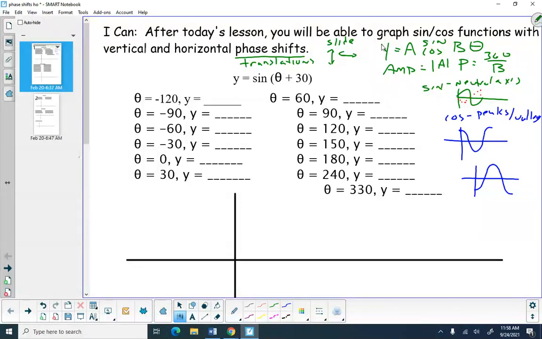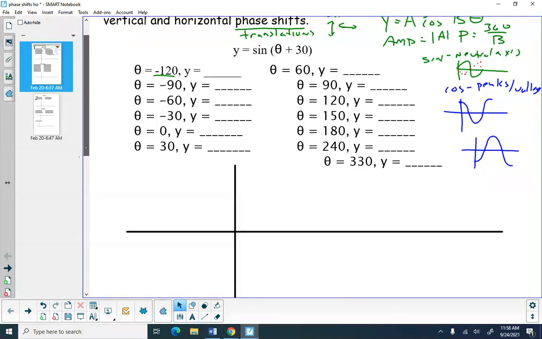So we are taking the sine and looking for these values. We put negative 120 in and calculate a y value. Let's look at our graph here. I'm going to space out by 90s: negative 180, negative 90, then 90, 180, 270, 360.